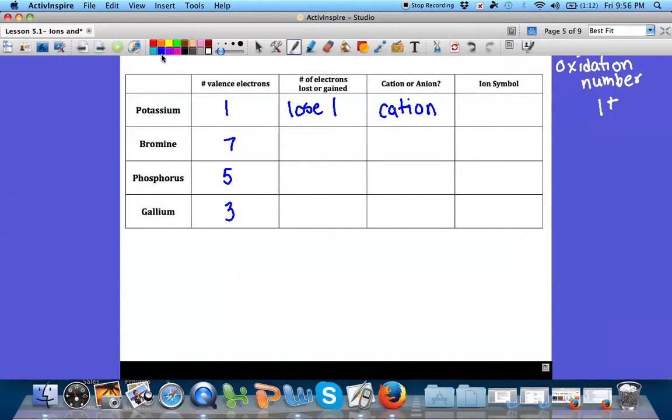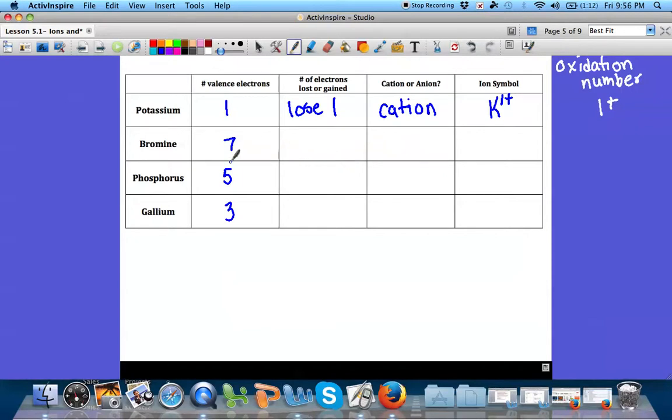The ion symbol for potassium is just the symbol for potassium, and then the oxidation number or charge, so K 1 plus. The 1 is not always written. Sometimes you'll see this just as K plus.